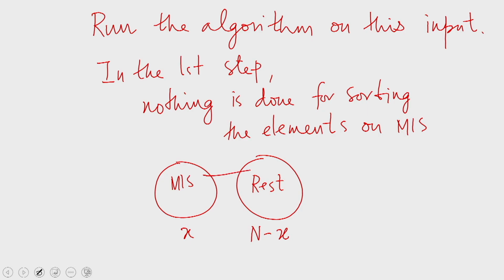So, every edge is either of this form or of this form. There is no edge that is within the maximal independent set. That is, two vertices of the maximal independent set cannot be adjacent to each other. So, every edge is of this form.